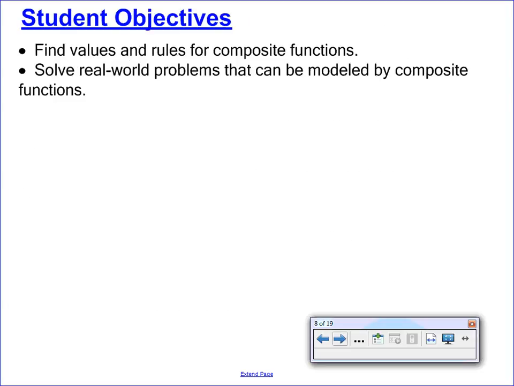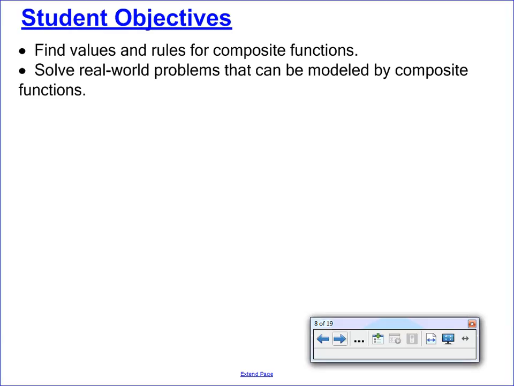All right. Today we're going to find values and rules for composite functions. Composite functions just means that we're going to involve more than one function evaluation in the same problem. So instead of like number 2 and number 3 in your bell work, where we plugged in a value or a variable into the input and simplified, we're going to be doing 2 or more steps when we perform our composition.